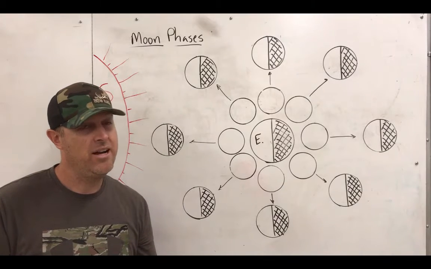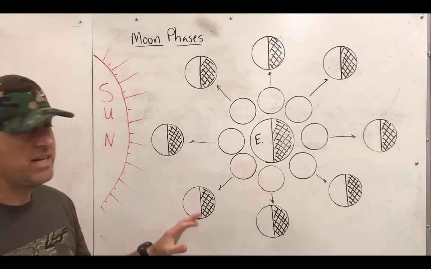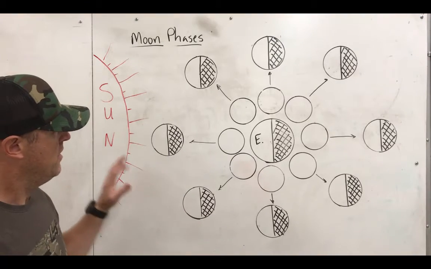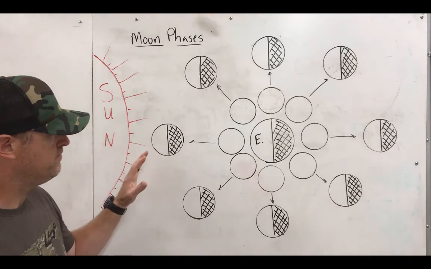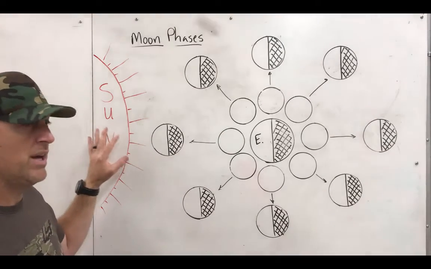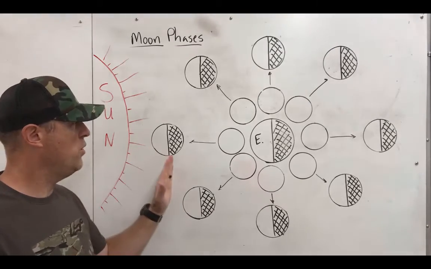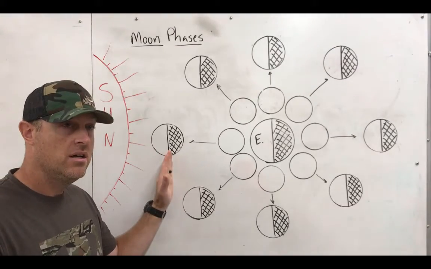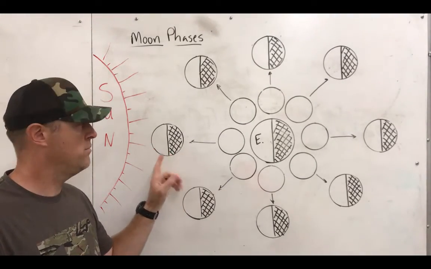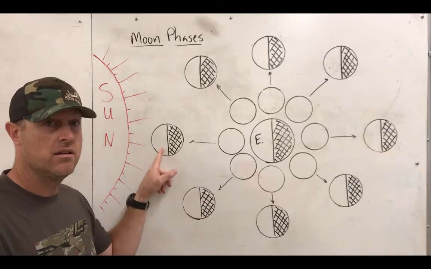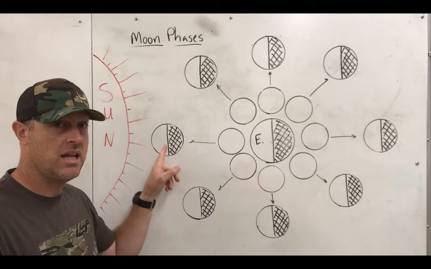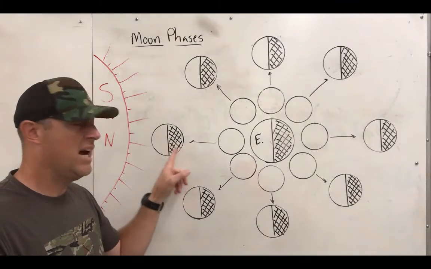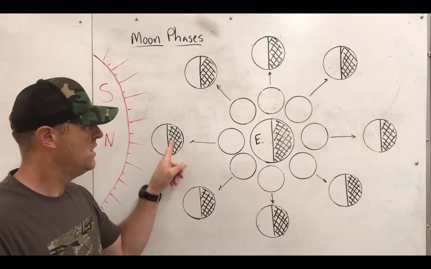So what I've done is you guys have this handout, and at any given time, from the rays of the sun, the sunlight, there's always half of anything in our solar system that is illuminated, shiny, reflects the sun's light, and there's the other half of that sphere that is in darkness.